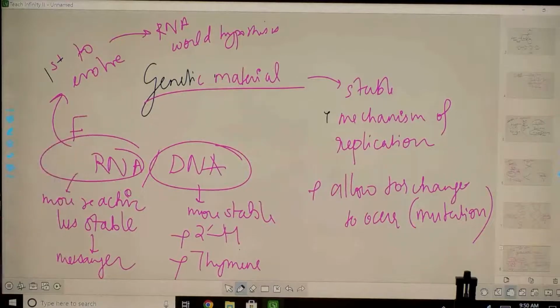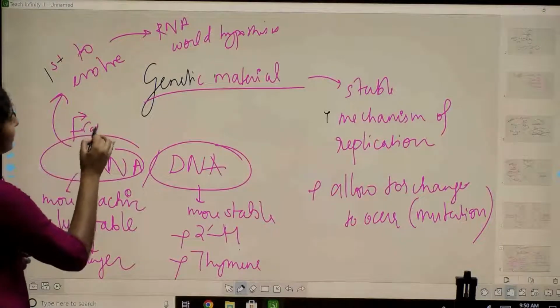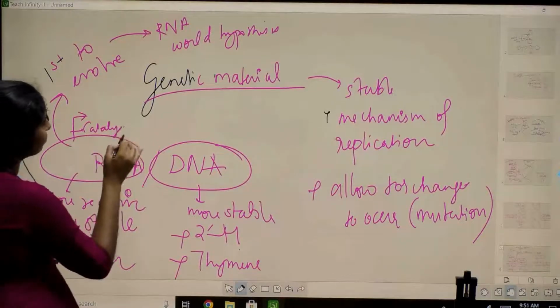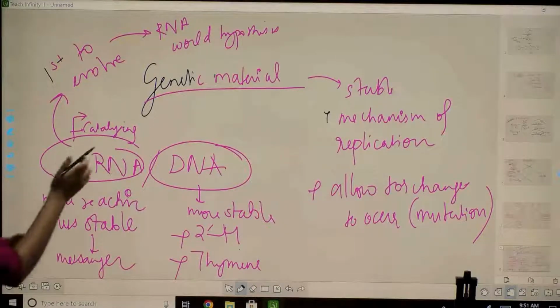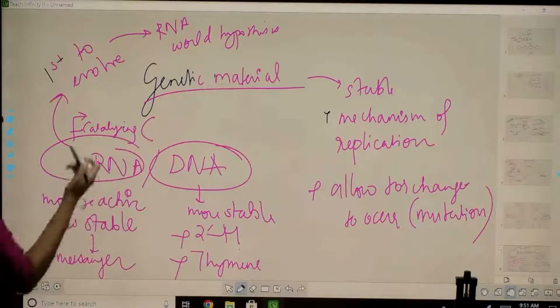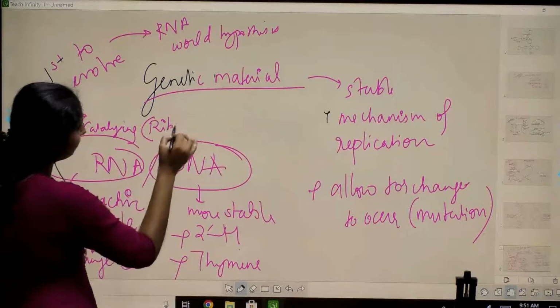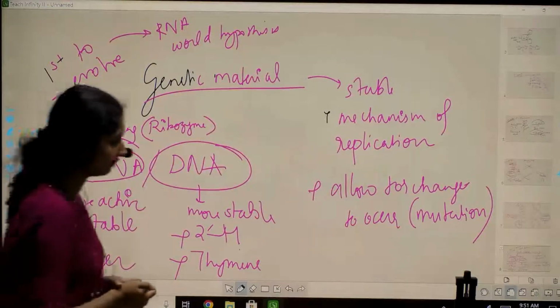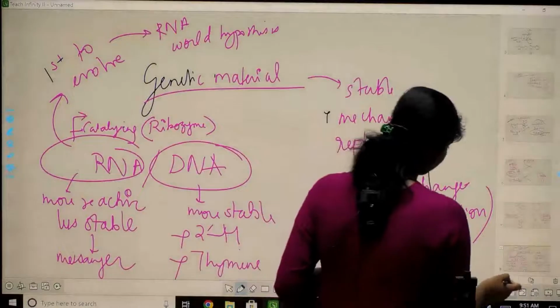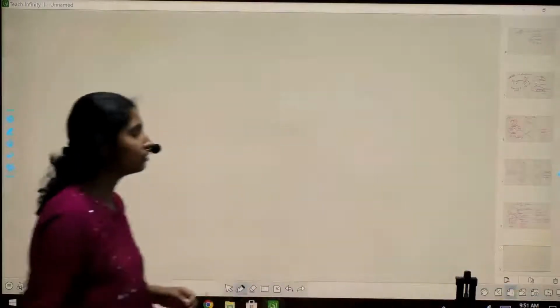It can act like a genetic material, and it can also act like an enzyme and catalyze reactions. An example of an RNA that catalyzes a reaction is the ribozyme. So due to the reasons that we have studied, DNA is the more preferred genetic material.